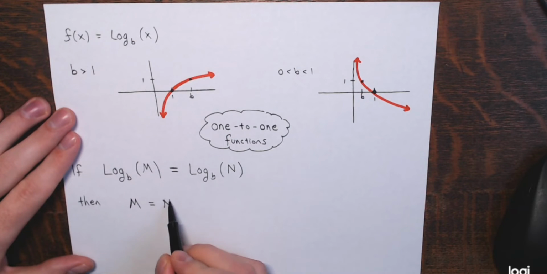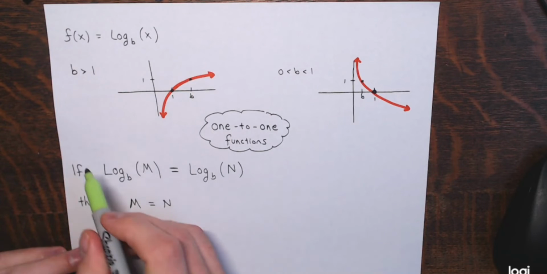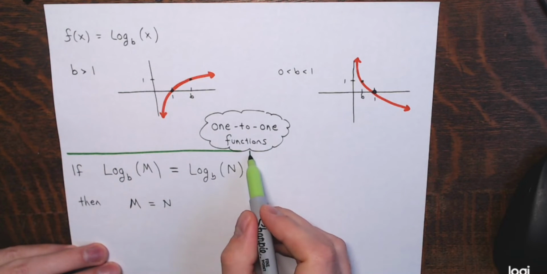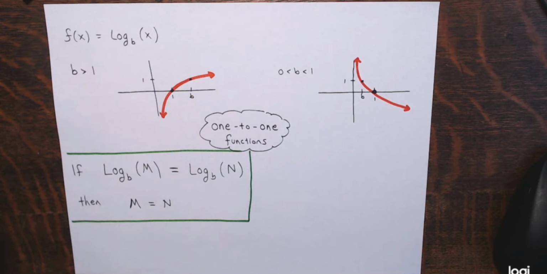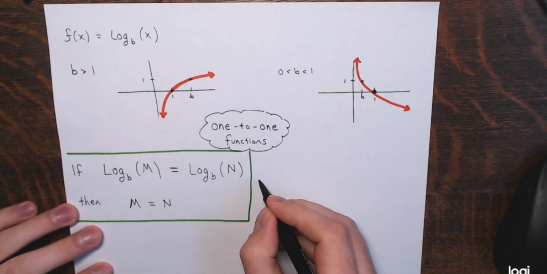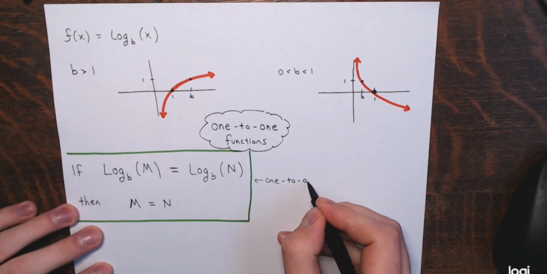And this is called the one-to-one property for logarithms, that I just put in that box there. All right, this is the one-to-one property that they're talking about in the name of that objective.